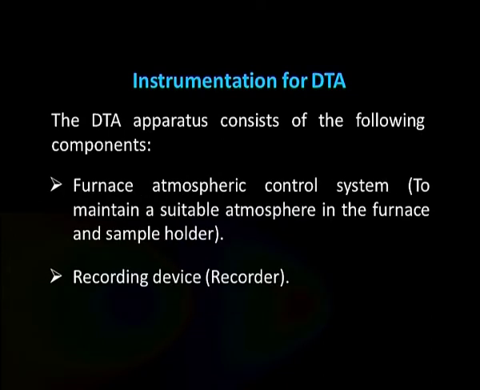Then, furnace atmospheric control system to maintain a suitable atmosphere in the furnace and sample holder. Then, a recording device which can measure the temperature of reference material and the substance under investigation, so that we directly get the value of delta T.